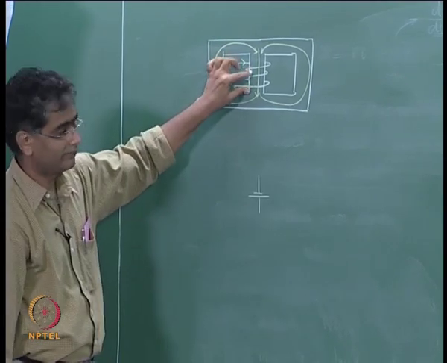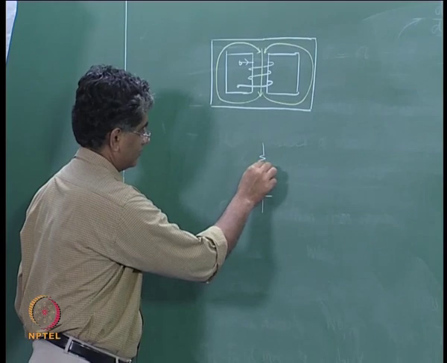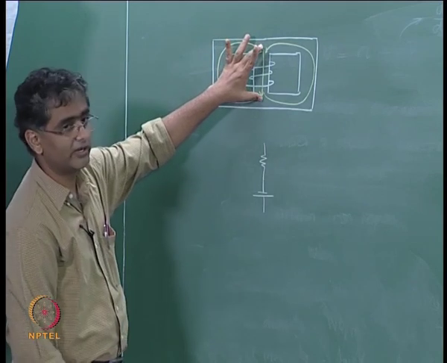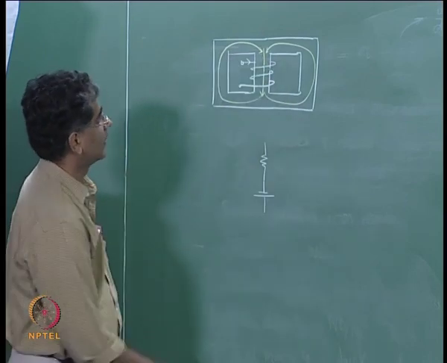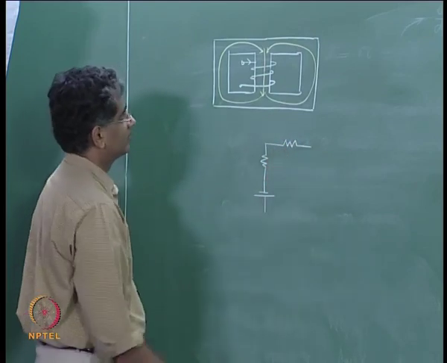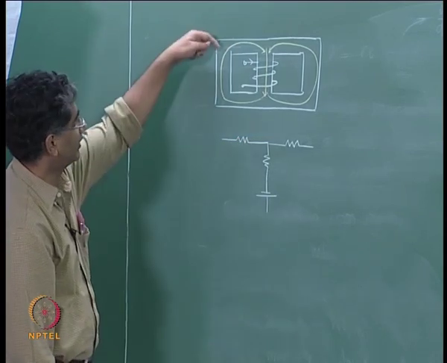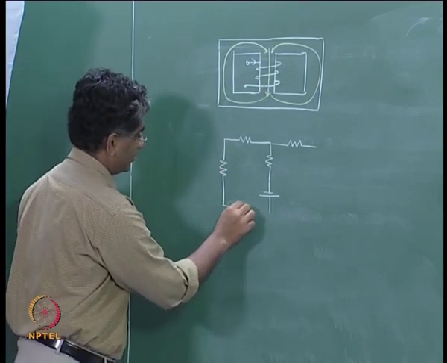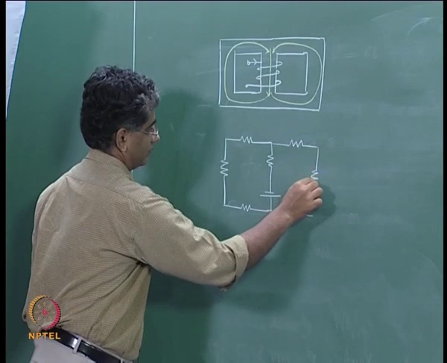Flux is flowing through this path, therefore there is a reluctance of the central limb, which is equal to length of the central limb divided by mu of the material multiplied by the area of cross section of this limb. Then there is flux coming from here, and therefore there is a reluctance there. There is flux coming from here, there is a reluctance here. You have a reluctance here, and then a reluctance here and here.